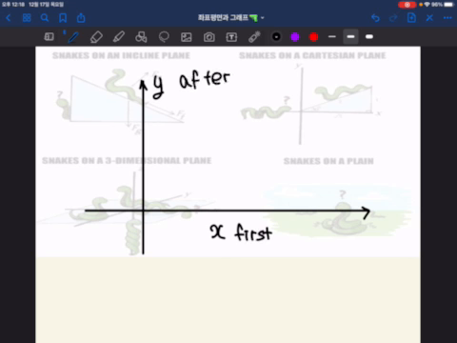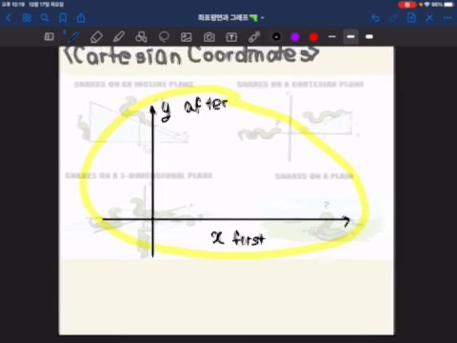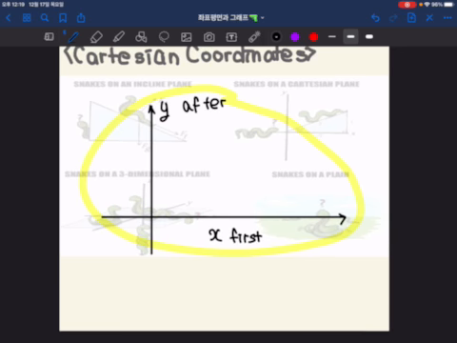So the horizontal distance always comes first and the vertical distance comes next, because this is decided beforehand. So we can't change this. The order of the coordinates in the ordered pair is important.